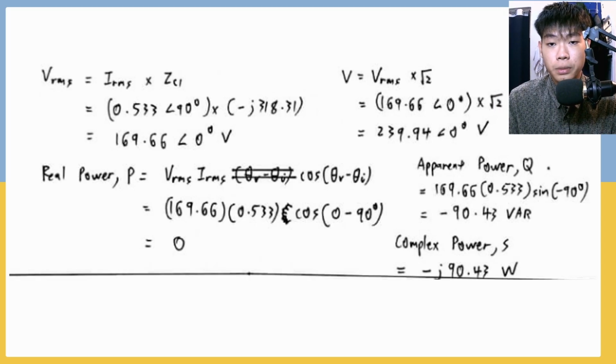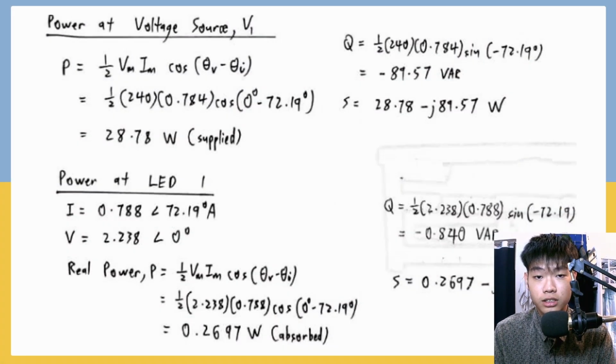The voltage peak is VRMS times root 2, which is 239.94 volt with a phase angle of 0 degree. The real power P is equal to 0. The reactive power Q is negative 90.43 volt-ampere reactive, and the complex power S is equal to negative j 90.43 watt. Now we will look at the power at voltage source V1.